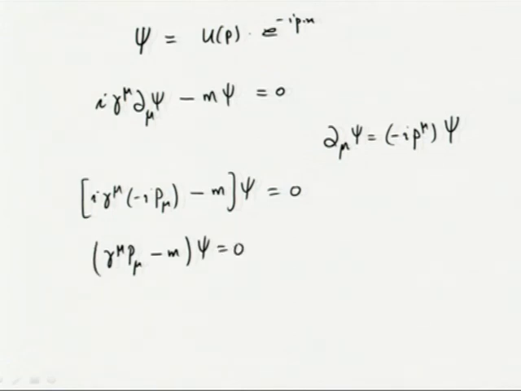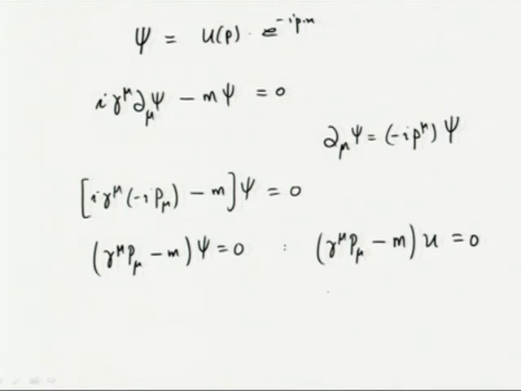The I factors go away, or I could also write it as gamma mu p mu minus m acting on u equal to 0, because exponential I p dot x is anyway not equal to 0. So, that is easy.